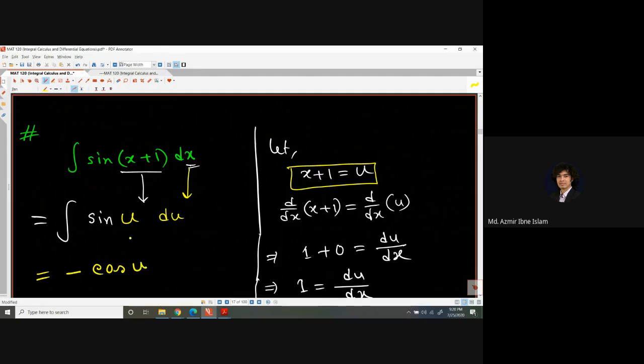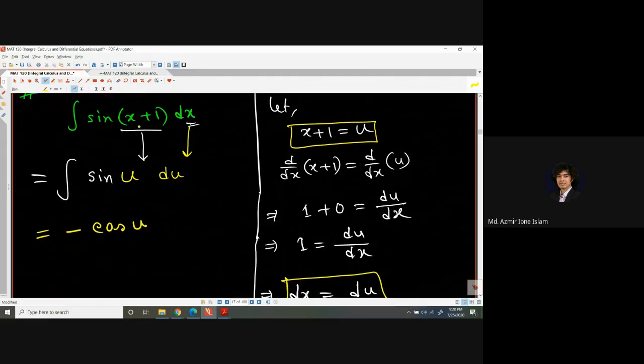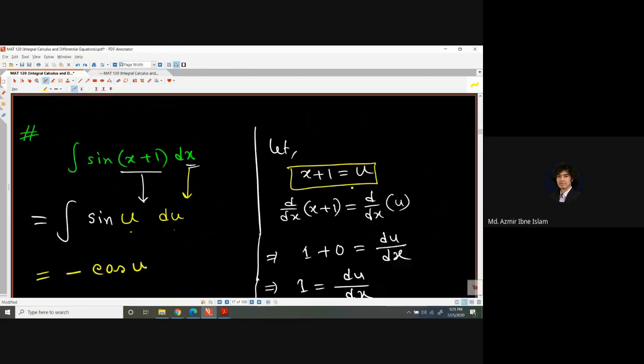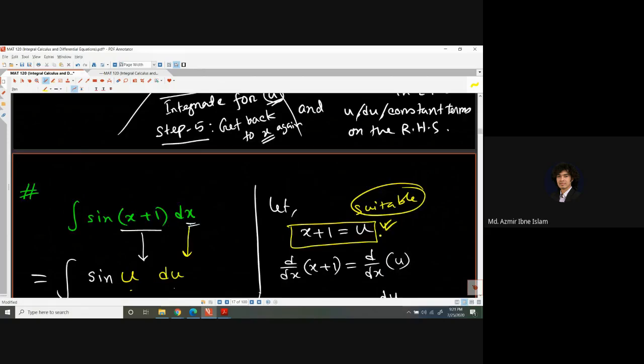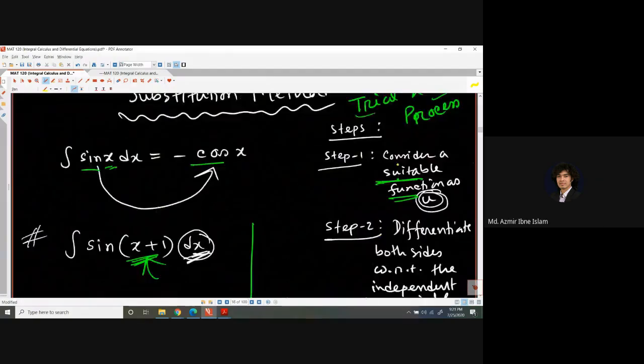That means after replacing x plus 1 by u and dx by du, we are able to get the antiderivative, or we are getting the answer of this integration. That means whatever function we have considered here is the suitable function, because the calculations are becoming easy. That's why I mentioned in step 1 that you have to consider a suitable function.